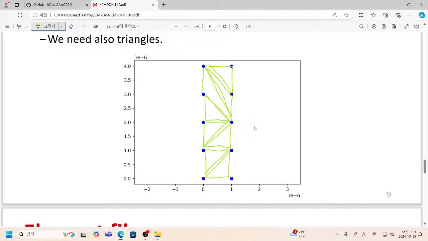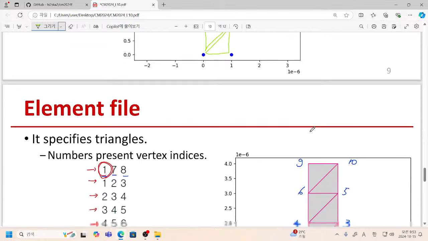sometimes this one shows a little bit worse quality of numerical analysis compared with the other one.